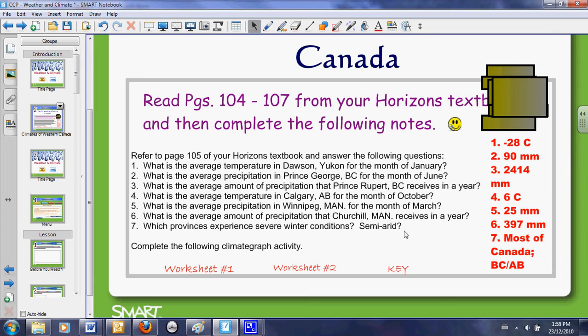The third activity on this slide is at the bottom here, where you need to complete some climagraphs. Worksheet number 1 is the actual graph sheet with the questions on it. Worksheet number 2 has the information that you'll need to complete the graphs. Once you're done, come see me and I'll give you a copy of the answer key.